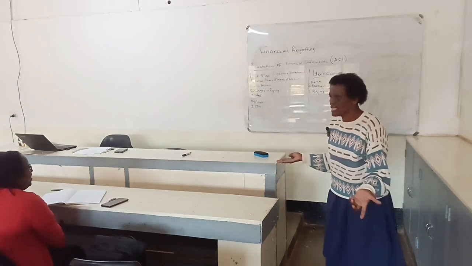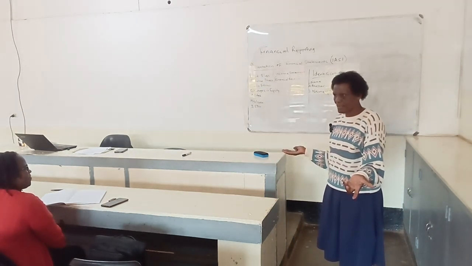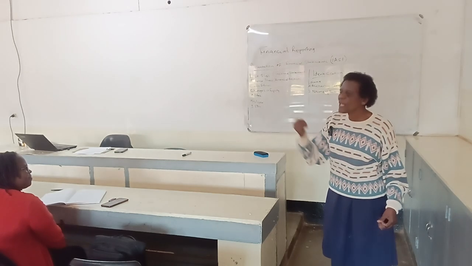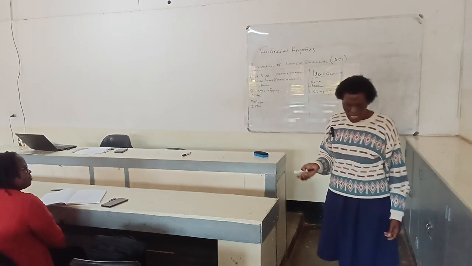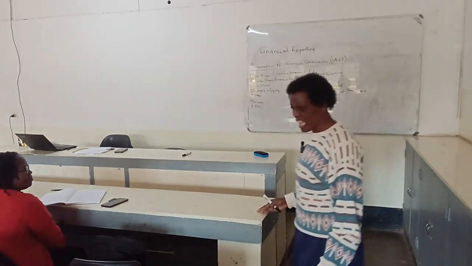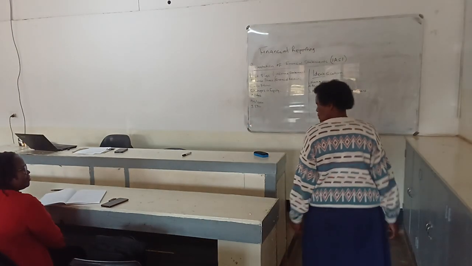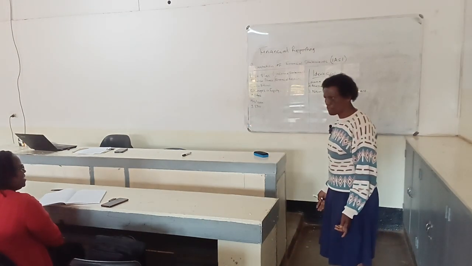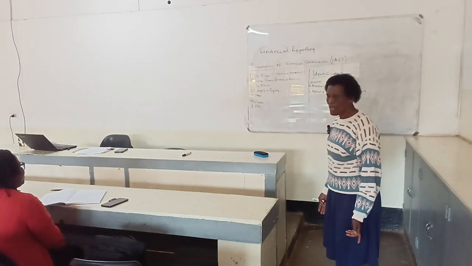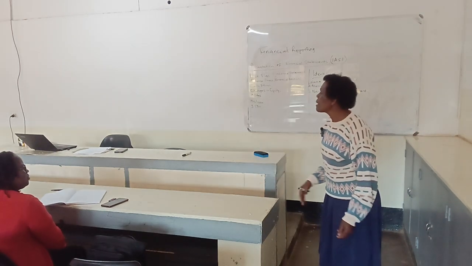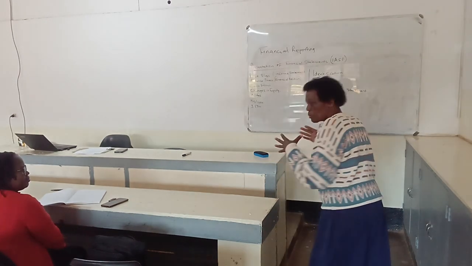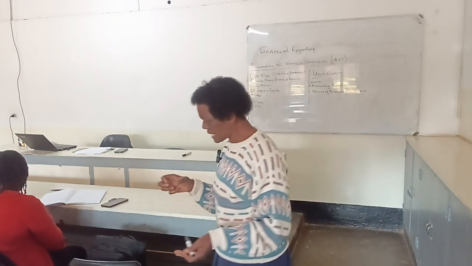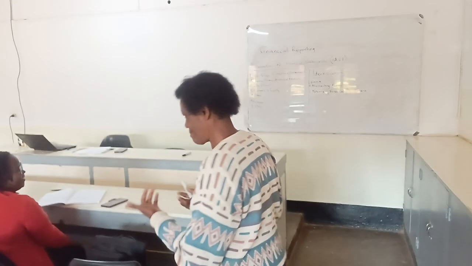That's what materiality is. If you lose a pen, you might ask, have you seen my pen? No? I'll buy another one. It's immaterial. But a phone is something valuable.